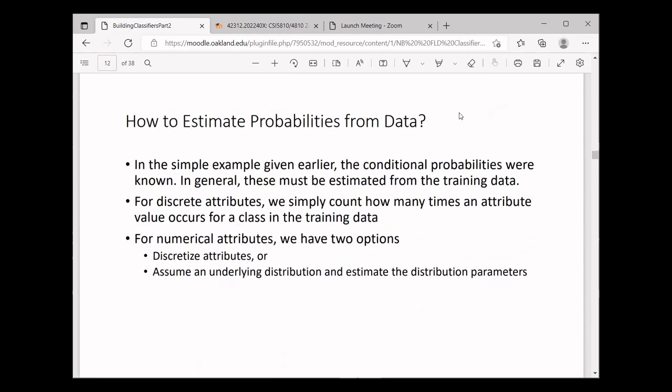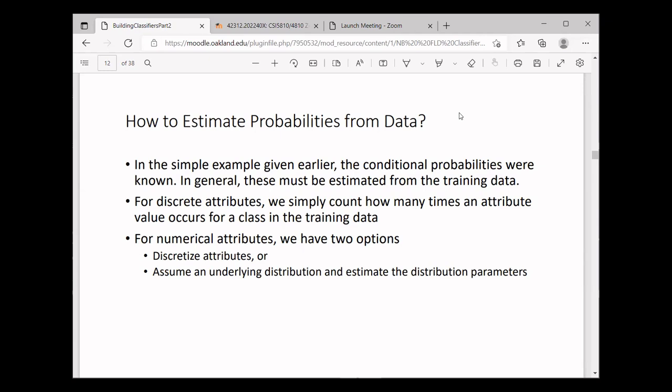In this case, as the question was asked, where did we get those probabilities? Those probabilities, not the a priori probabilities but the conditional probabilities, are to be estimated in actual situations through the data that you collect as your training data. For any given problem, you will be collecting data, and from that data you will be estimating these conditional probabilities.